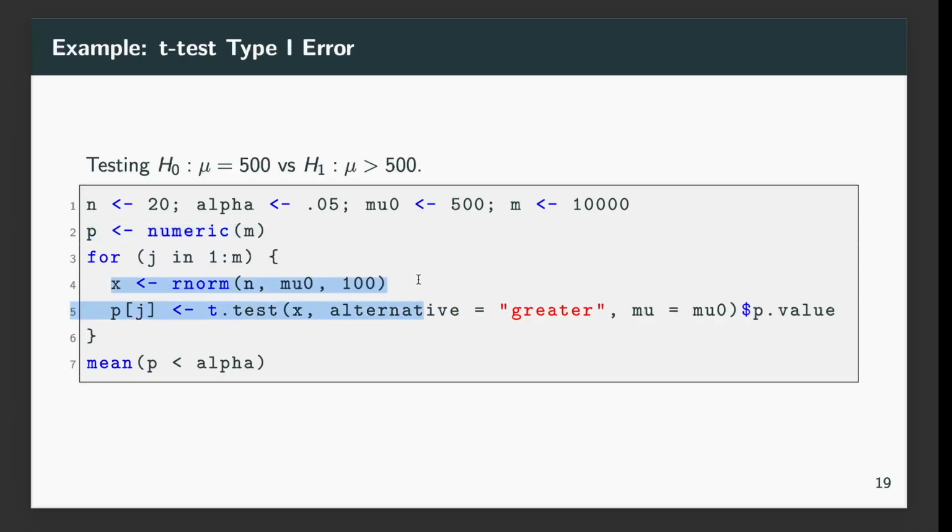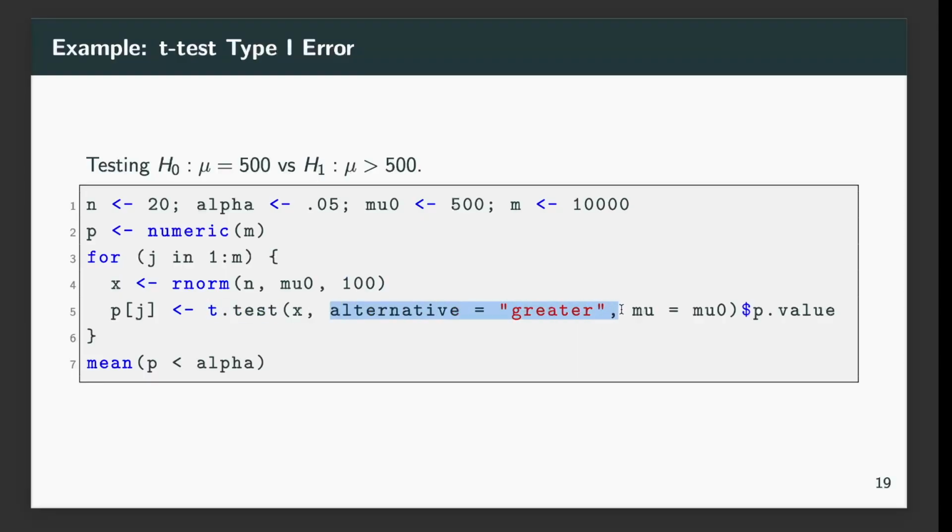For each iteration of the loop, we generate n observations in each sample. We store it in x with mean mu naught, and the standard deviation is set to be 100. Then pj is computed from the t-test of x.